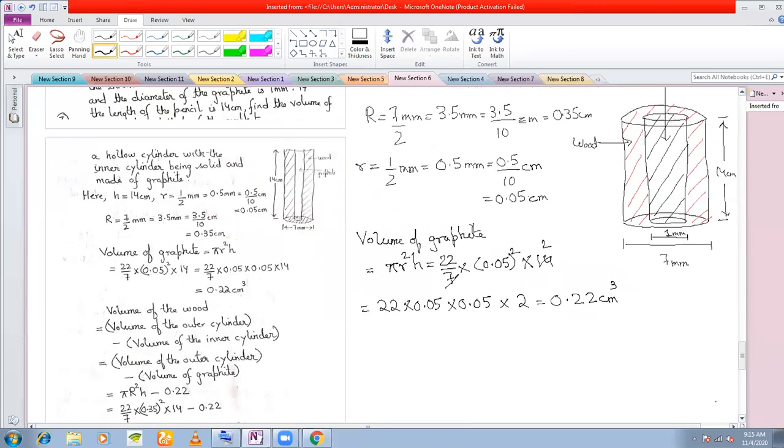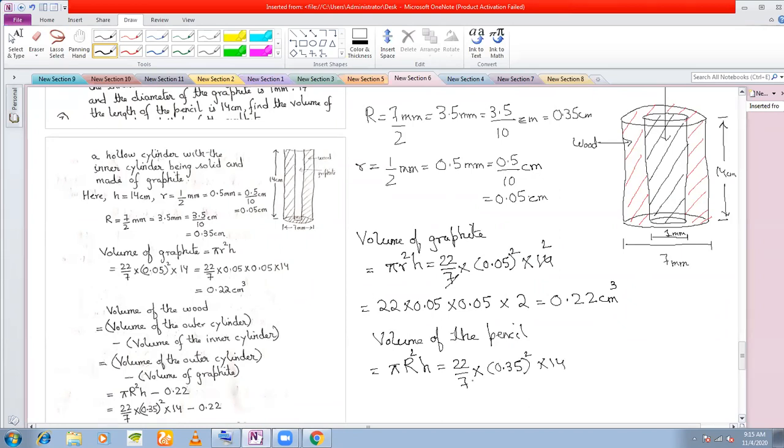Next, the volume of the pencil. This time it is pi, capital R square h. Put the value of pi. Capital R we have found to be 0.35.